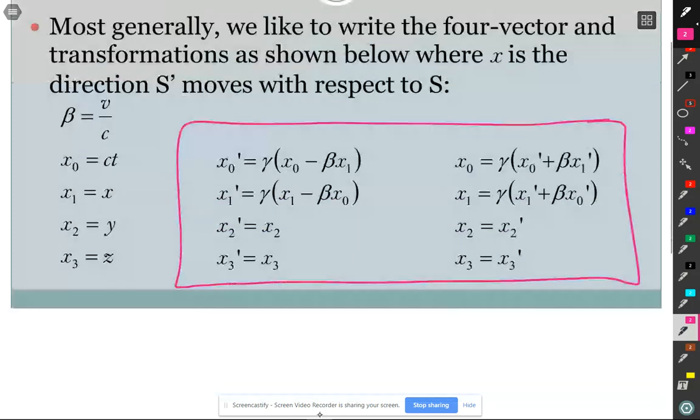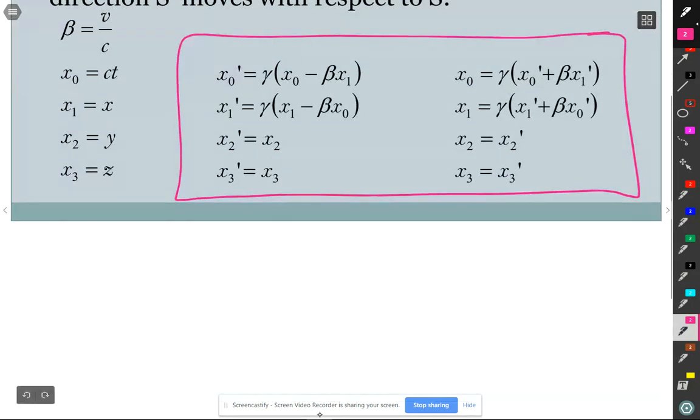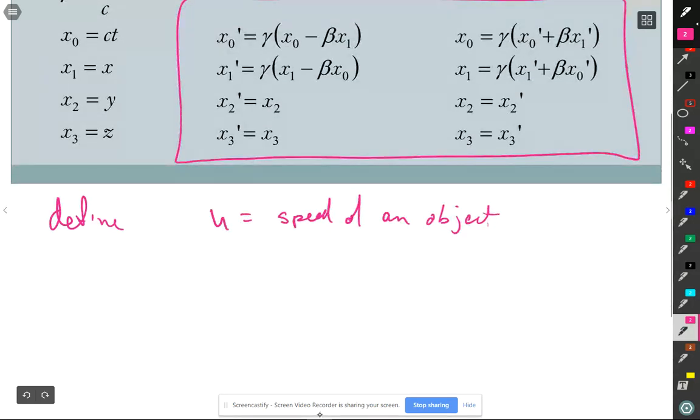So our steps were first, make sure we define u is equal to the speed of an object. And so ux equals speed of object in x direction in the unprimed frame.